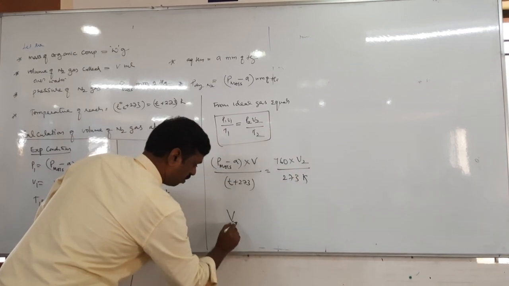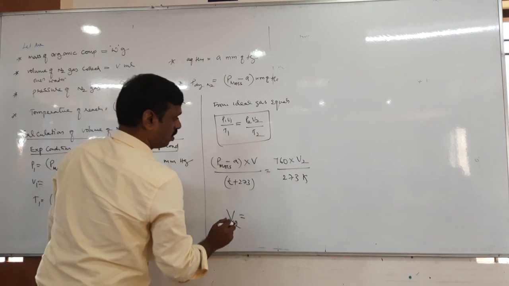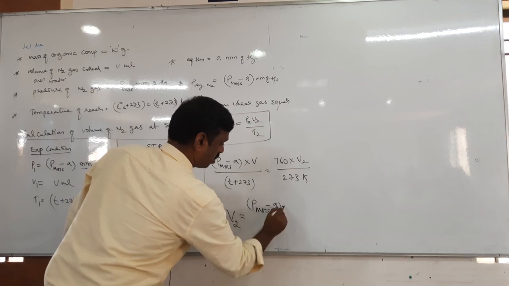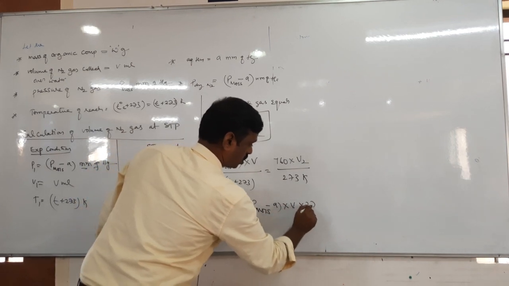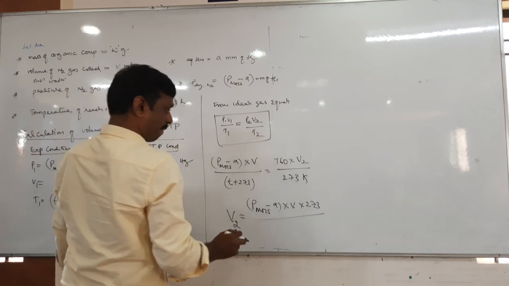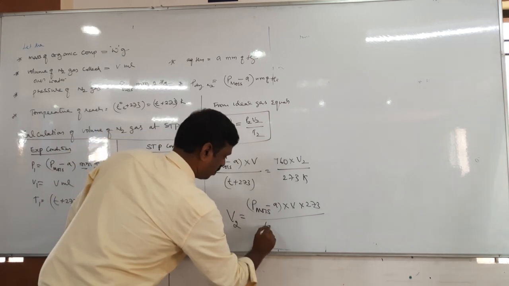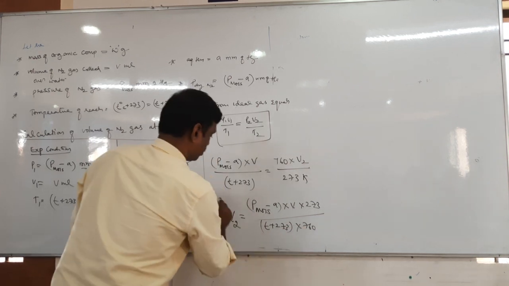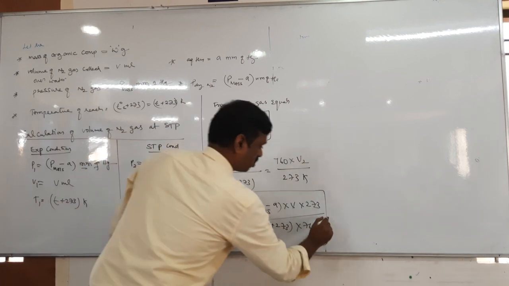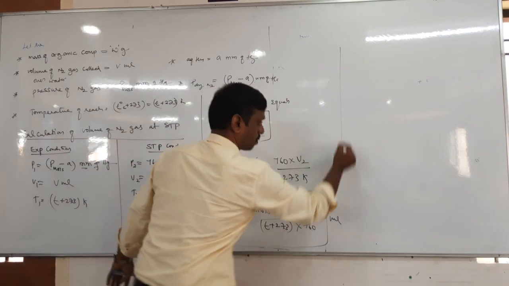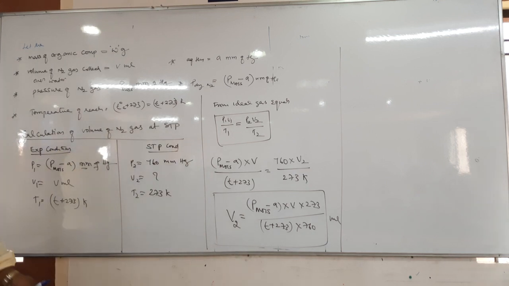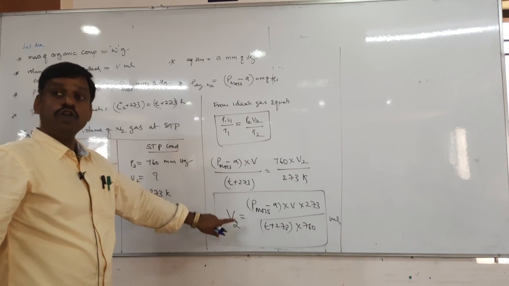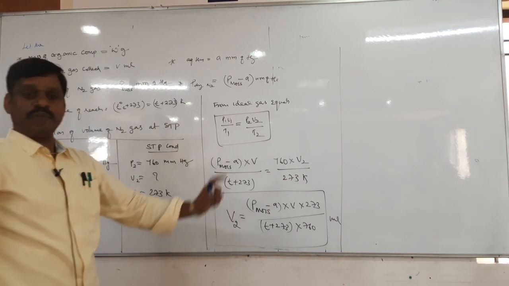Then V2 equals P moisture minus a, into V into 273, divided by T plus 273 into 760. This is in ml, the volume of nitrogen gas at STP.